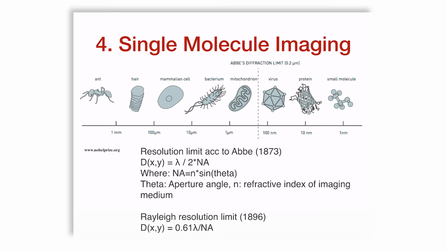NA is also equal to n times sine theta, and theta is the aperture angle, n is the refractive index of the imaging medium. Rayleigh modified this and came up with a simplification, perhaps, that this resolving distance d is equal to 0.6 times lambda by NA.